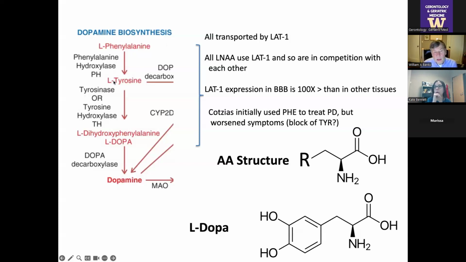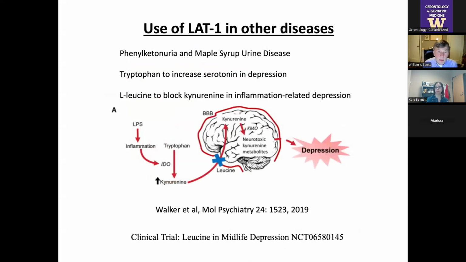So you can't get tyrosine into an aqueous solution, so you can't give it to patients. But phenylalanine is relatively water soluble. But the Parkinson's patients actually got worse, and the fact that there's competition probably explains that. By giving too much phenylalanine, he blocked tyrosine from getting in, and therefore less dopa was actually in the brain.